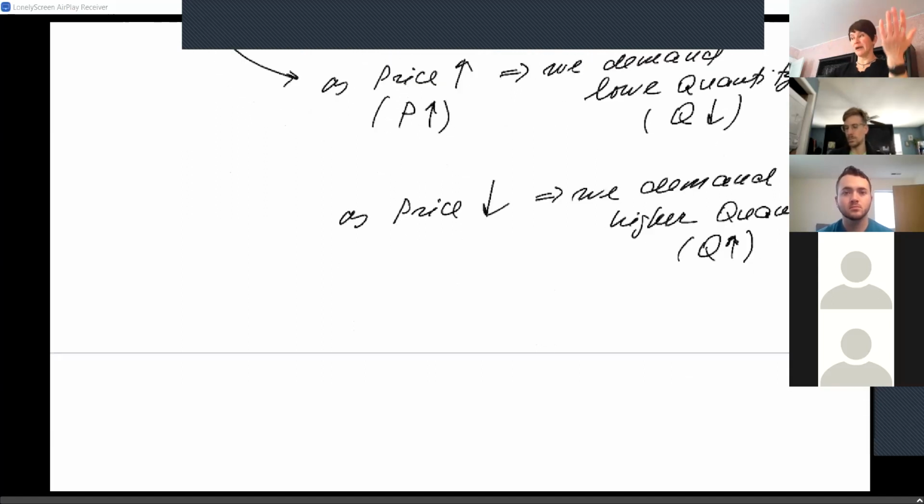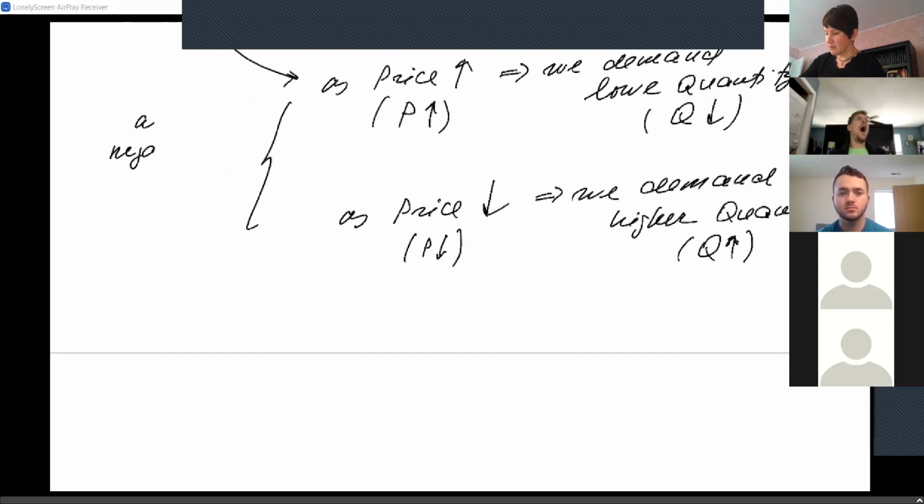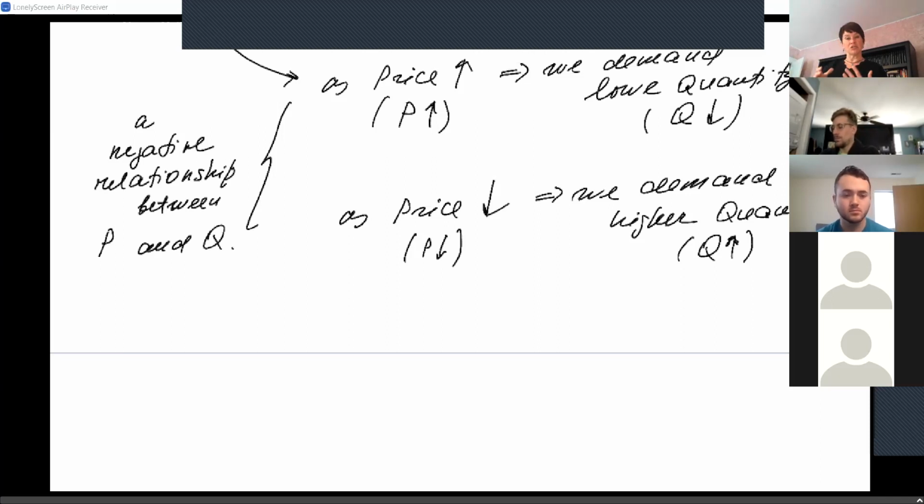Look, higher price, lower quantity. Lower price, higher quantity. That shows that there is a negative relationship between these two. We're looking at a negative relationship between price and quantity.